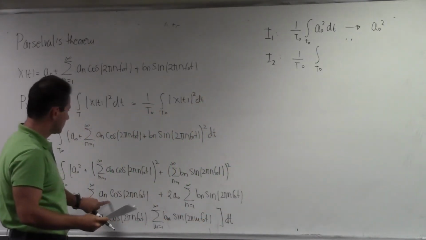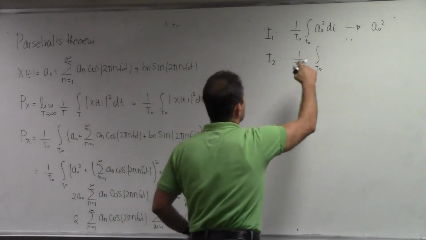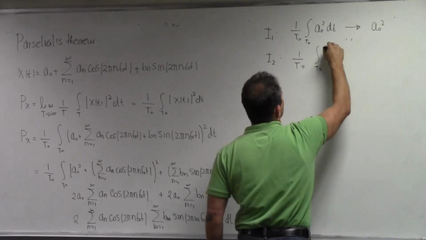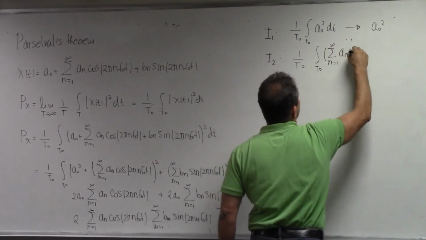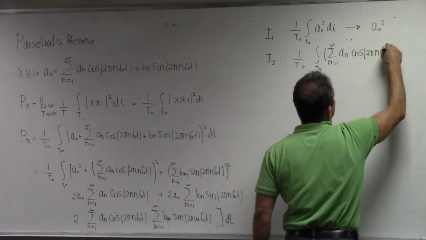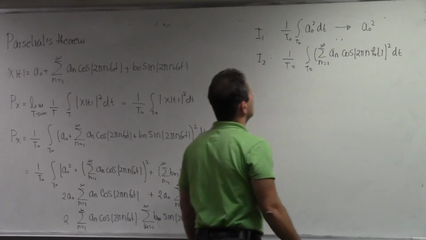Let's just look at this one and this one. Well, let me just write them out first. So this is going to be sum when n goes from 1 to infinity, an cosine 2 pi n f0t squared dt. I'm going to call that I2.